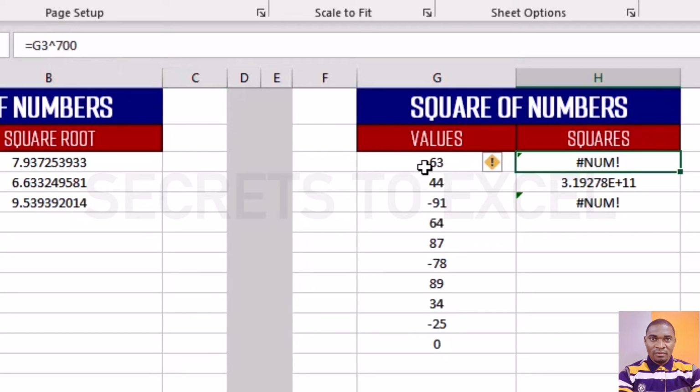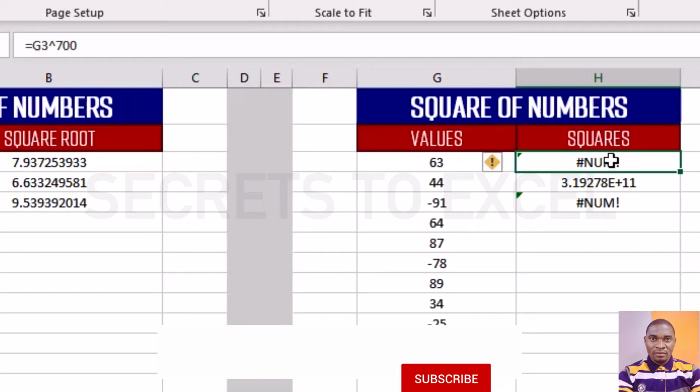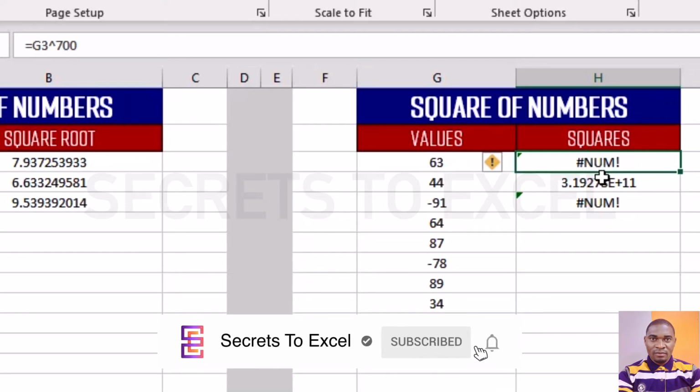So imagine Excel is now calculating 63 times 63 times 63 times 63 times 63 up till 700 times. That number is so very large that it is beyond the limit of Excel, which is why it returns a number error. I hope you get it. So it is a number error because it is a problem that is associated with a particular number that has been specified in our formula.